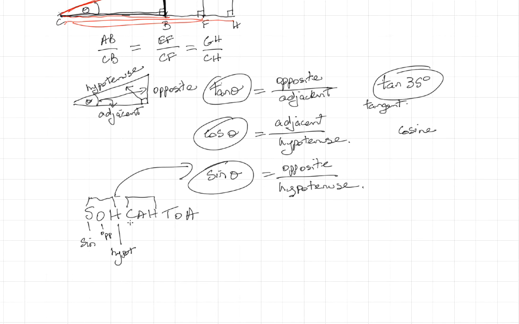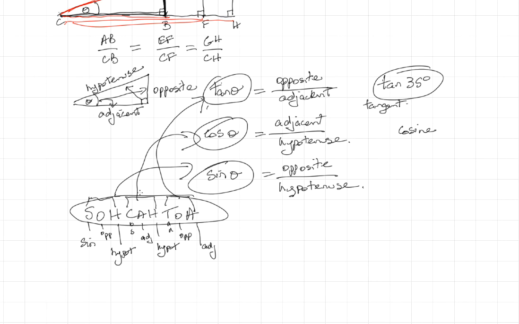Cos, adjacent, hypotenuse, and that gives us that one. So this is just a short way of remembering how these trig ratios work. And then you've got tan, opposite, and adjacent. And that gives rise to the first one we looked at.